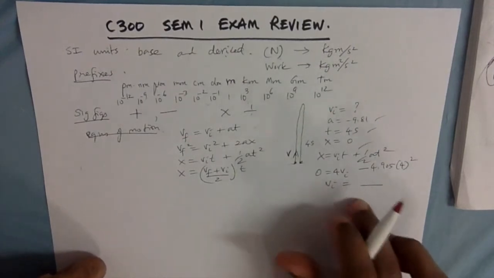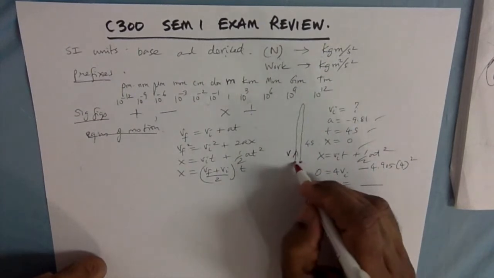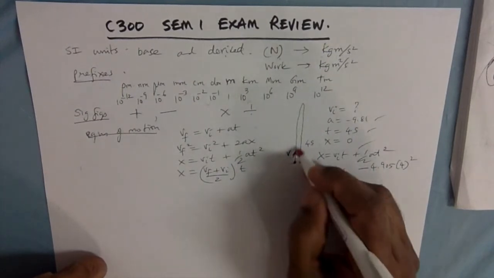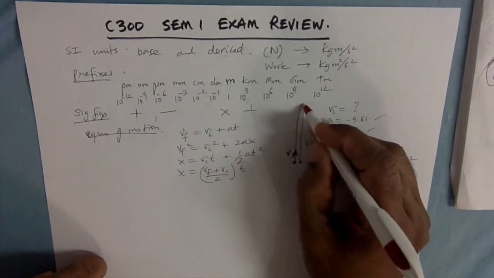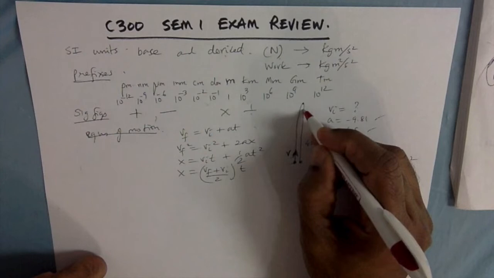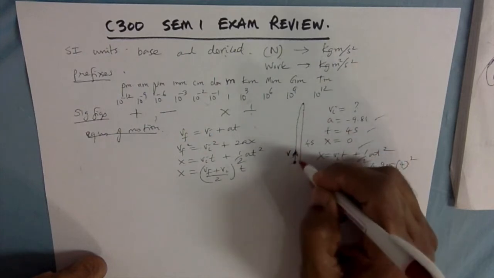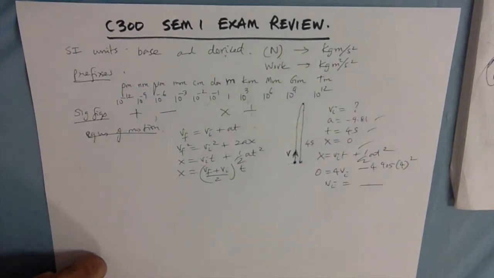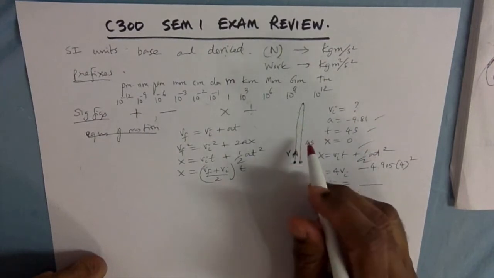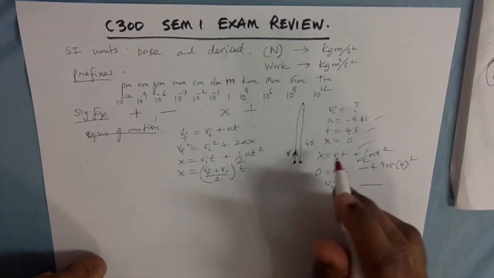Alright, so as you can see here, when the object is moving up, the acceleration is still downward, and that's why it slows down. At this point the acceleration is still negative 9.81, and here also, everywhere it's going to be negative 9.81. From the time it leaves till the time it lands, it is under the control of acceleration due to gravity.